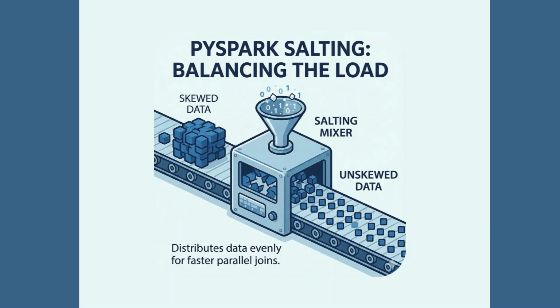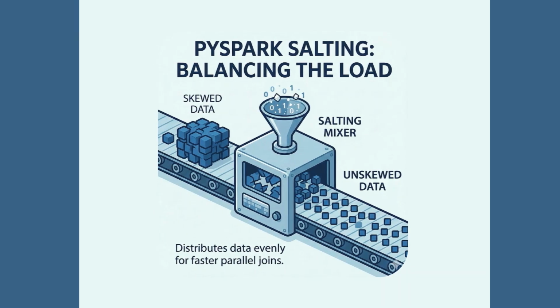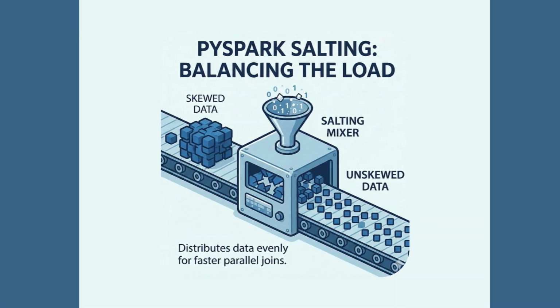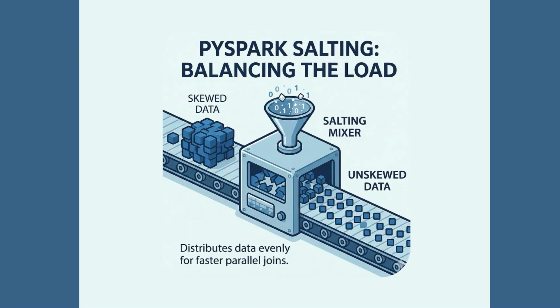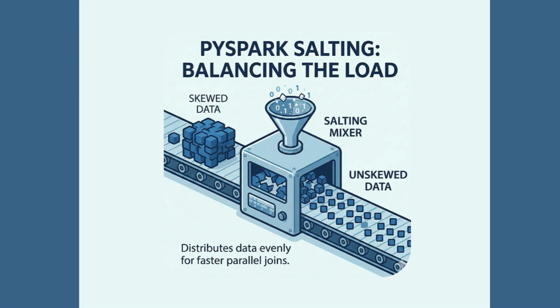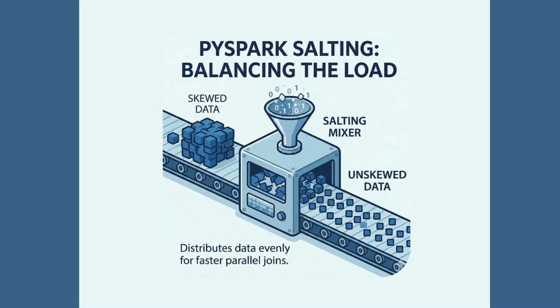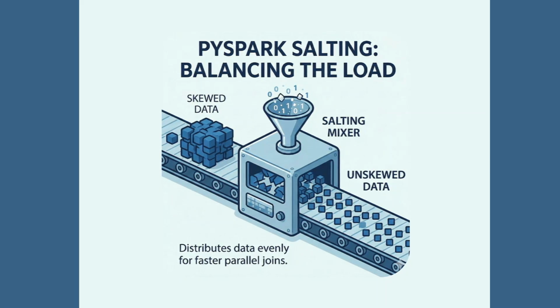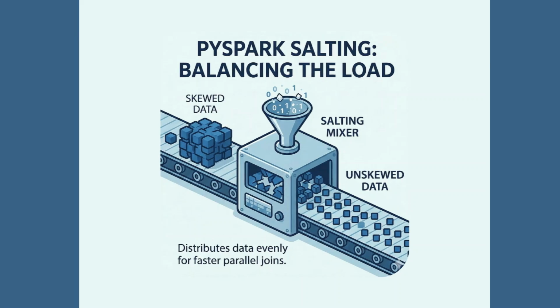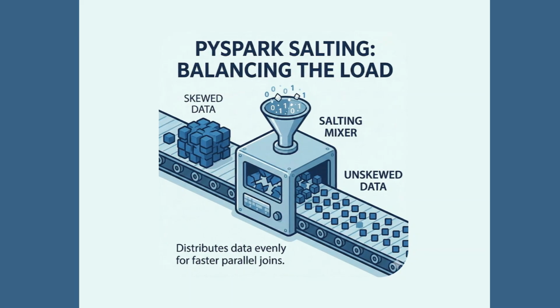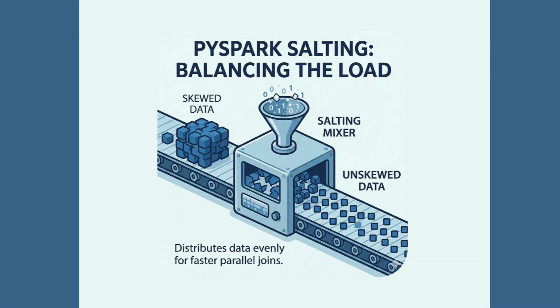For example, using numbers from 0 to 9 gives us 10 possible variations. In our example, 10 is just an arbitrary placeholder, which means we are chopping our heavy customer key into 10 smaller pieces. This way, Spark gets more opportunities to process them in parallel across the cluster.